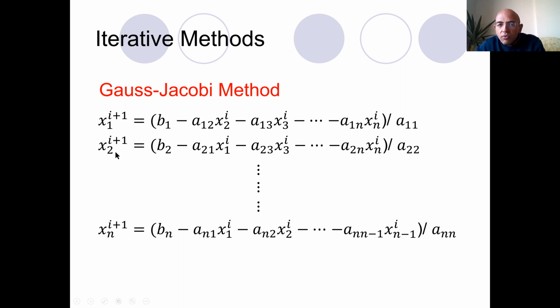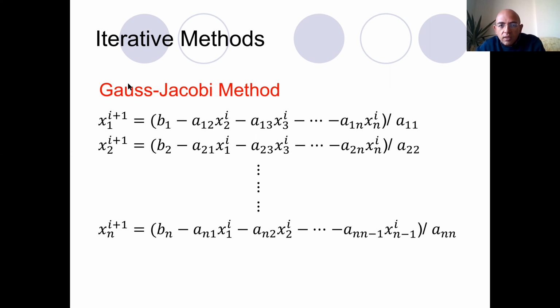Then you do the same thing for x2. You substitute the values for x1, x3, and xn, and then now you have a value. From here you can easily calculate x2. Therefore, x1 and x2 are better approximations: x1 i+1, x2 i+1, and then it goes like this to xn i+1.